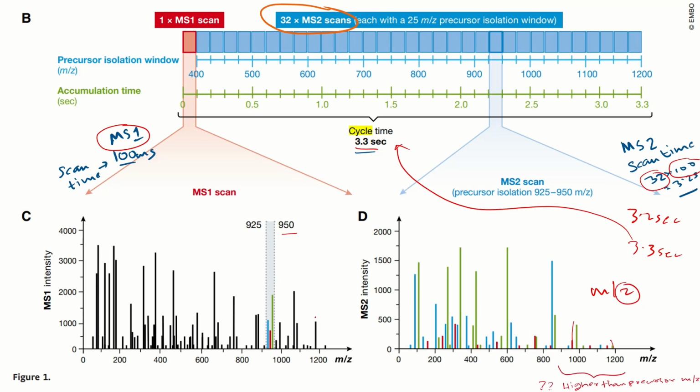Maybe a precursor of higher m/z had a charge of 2, so it fell in this window, but after the collision cell step, the fragments did not have a z of 2 anymore, and they had an m/z higher than the precursor ions. So this is something that might have happened in this case.